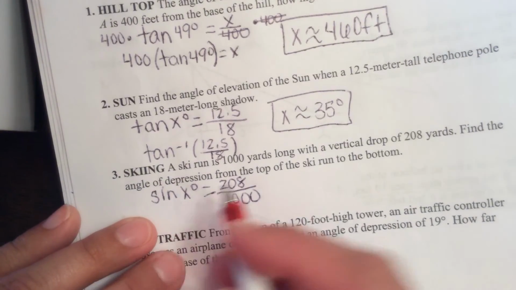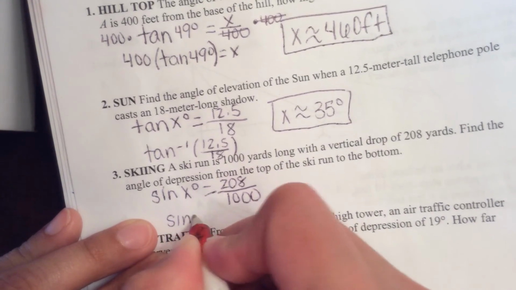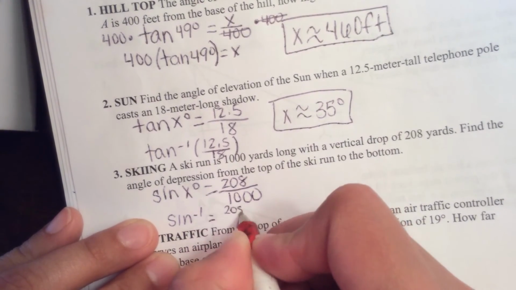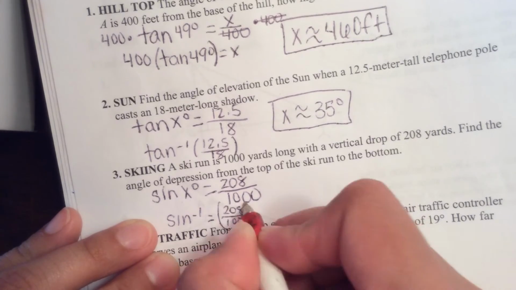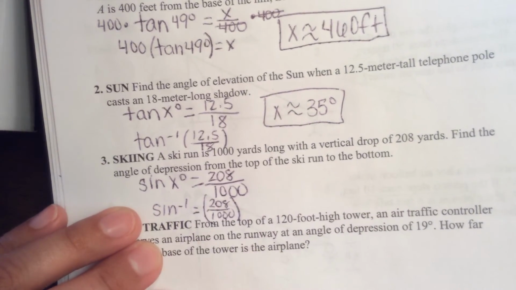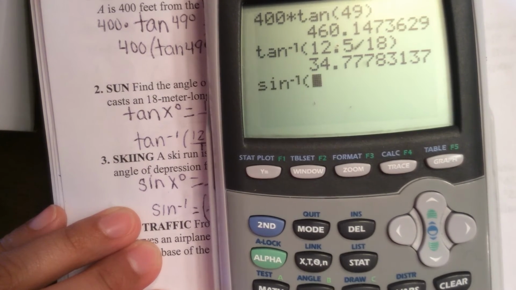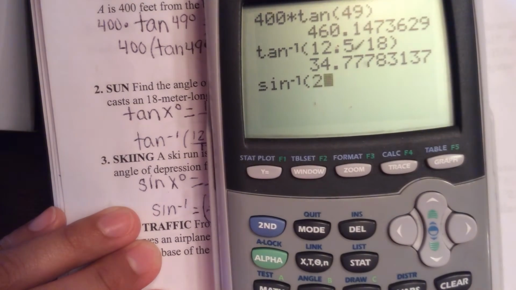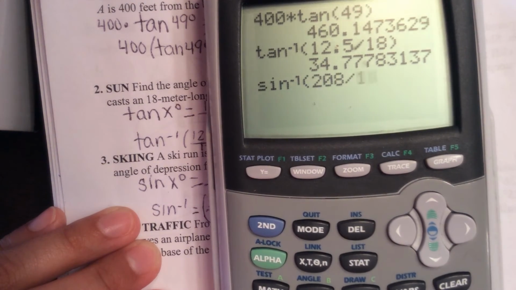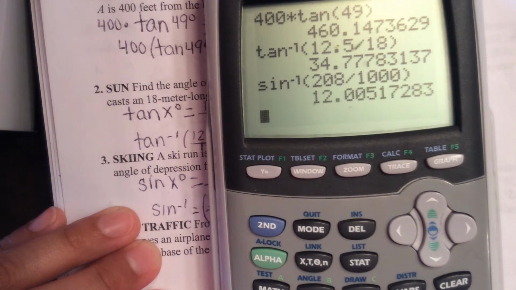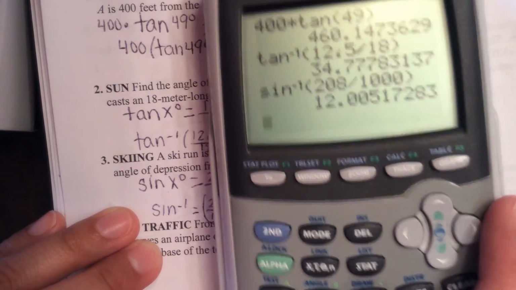In order to find this, we take the inverse, type it into our calculator, and that gives us approximately 12 degrees.